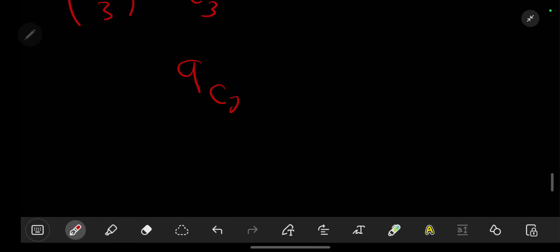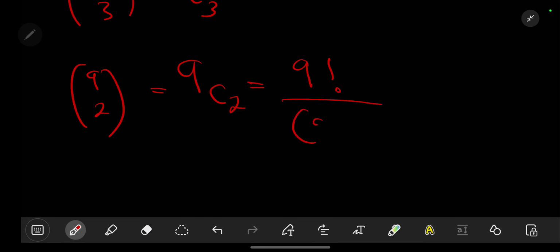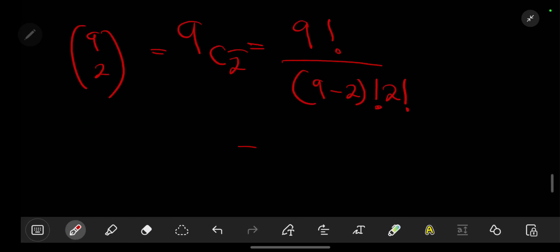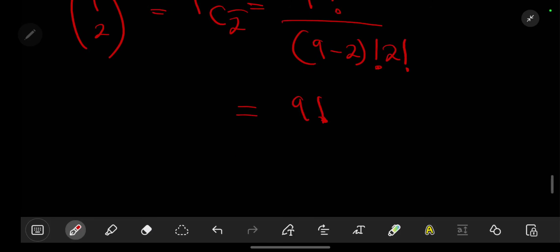If you have 9 combination 2, which is the same as written like this, we are going to have 9 factorial over, you subtract 9 minus 2, then you write the factorial over the 2 factorial. So this is going to give us a value that is equivalent to 9 factorial over 9 minus 2, that will give us 7 factorial, 2 factorial.